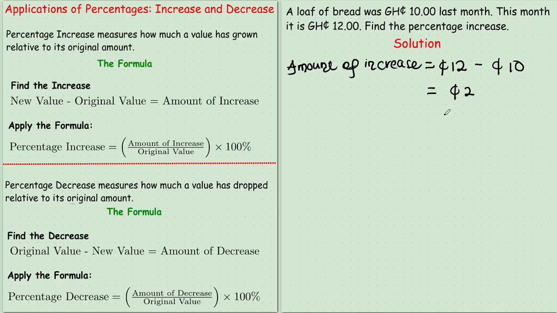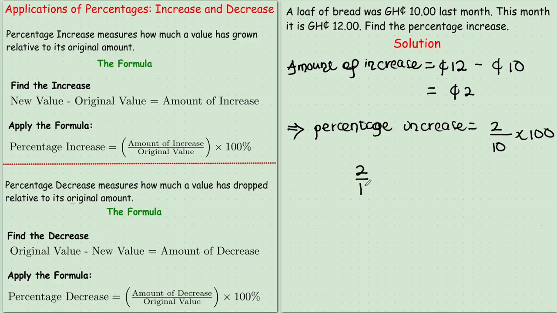So since we have our amount of increase, it simply means that our percentage increase will then be equal to the amount of increase, which is 2, over the original. What is the price? The initial price. That was 10. So 2 over 10, then times your 100. You see, so this now is a fraction problem, which we have done over and over.